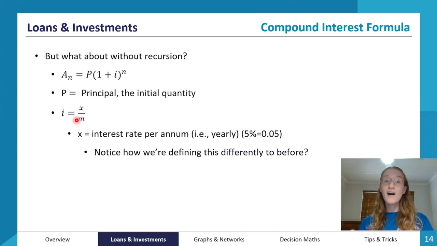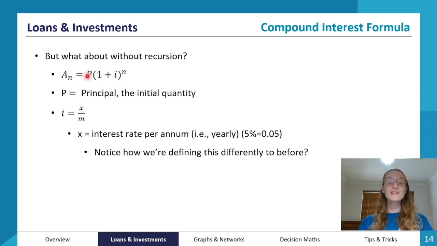When we defined R in a recursion, we said 1 plus the decimal interest rate per annum divided by the number of compounds per year. But here, we don't have a 1 plus, because that 1 is already built into the compound interest formula. So make sure you don't add another 1, or it'll end up being 2.0 something, and that would be quite a high rate of interest. So make sure you take that into account.